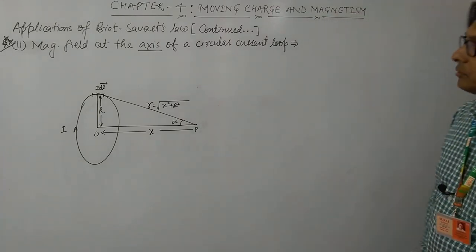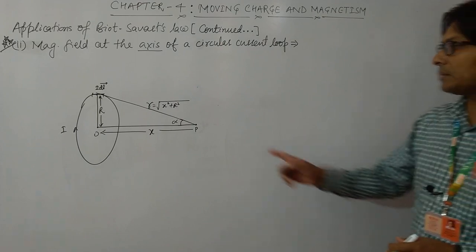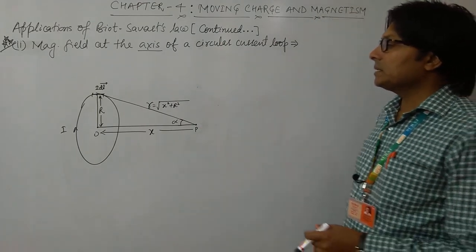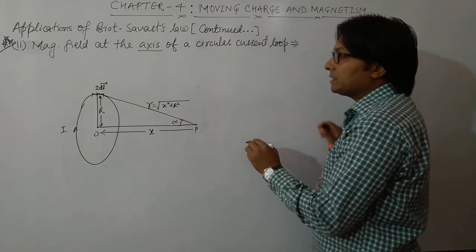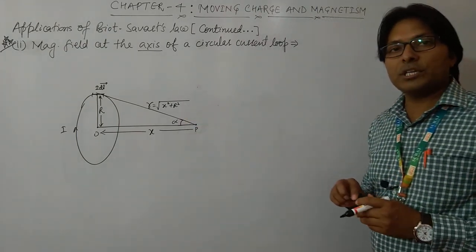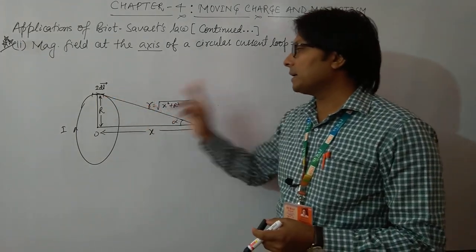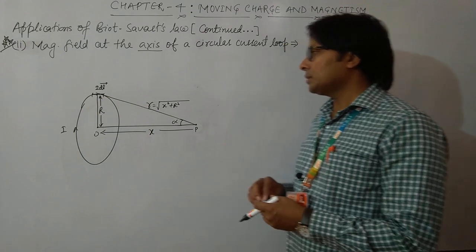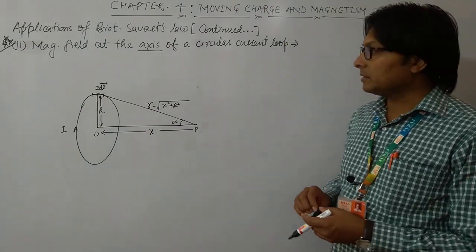Now we will try to derive the formula of the magnetic field at point P, but before that we will find the direction of the magnetic field itself. The direction of the magnetic field is always perpendicular to the plane containing the idl vector and the r vector.